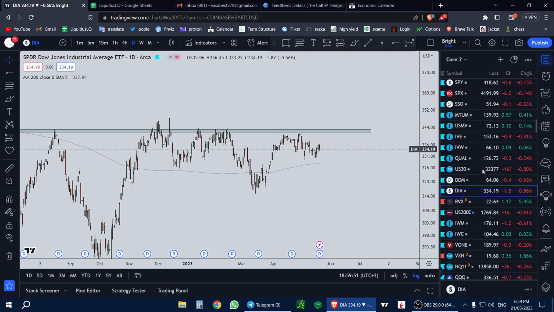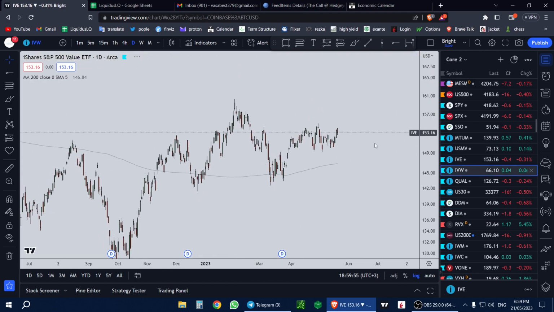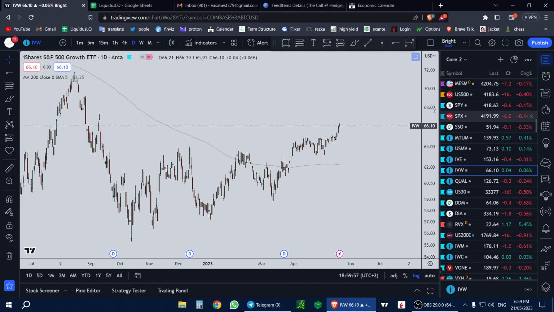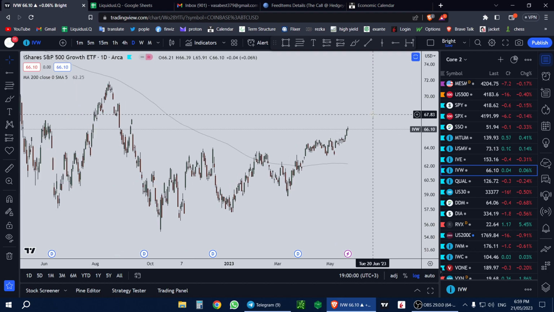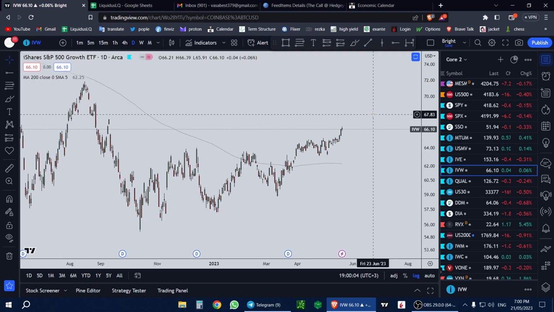That's it. If you look at the growth versus value, this is the value ETF, this is the growth. Obvious outperformance. It looks like we are simply in the reflation environment. And yes, it looks absolutely absurd at this point of time. We are definitely in a slowdown and we're probably going into contraction.